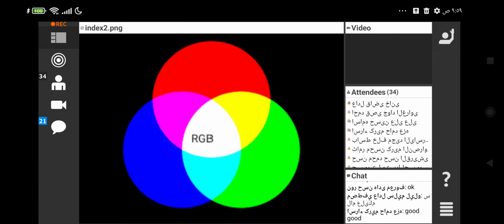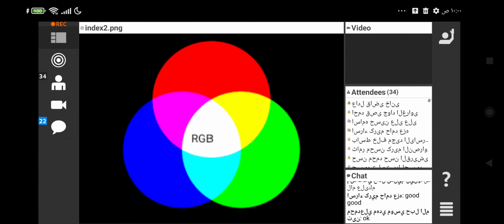But in the RGB, we have three matrices: one for red, one for green, one for blue. Okay?